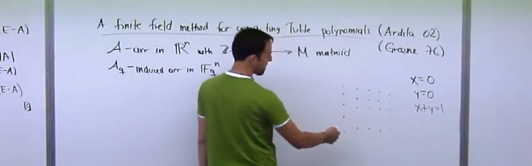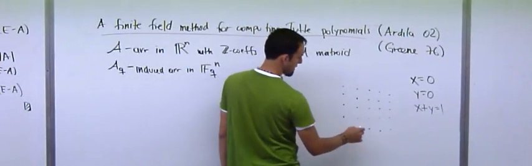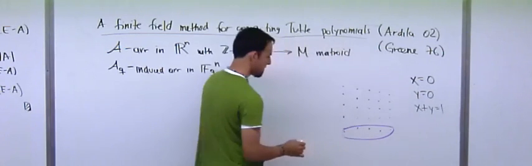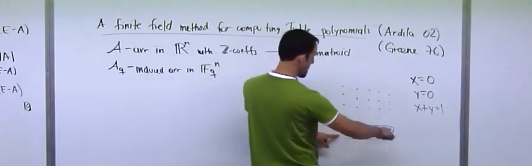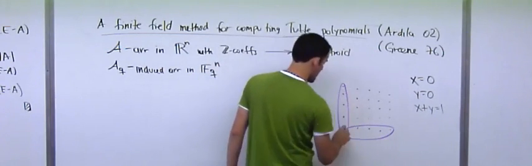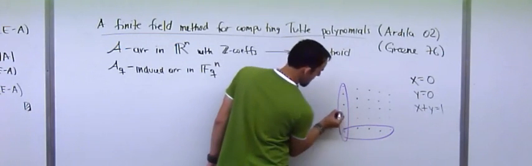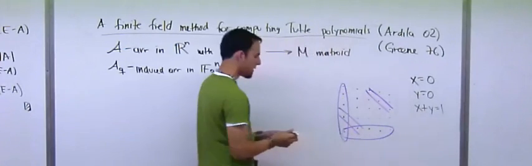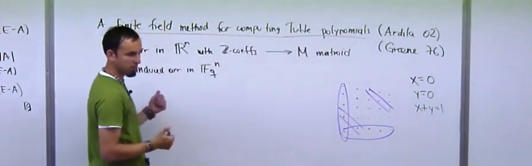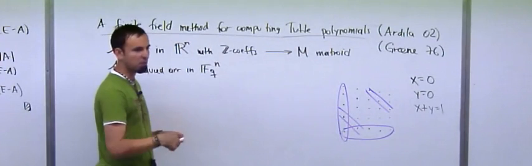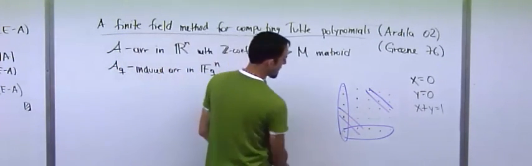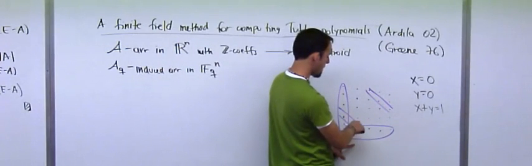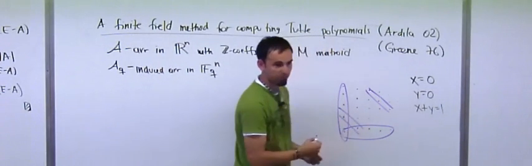If you look at it over a finite field, then each hyperplane becomes one of these things. This is the hyperplane y equals 0. This is the hyperplane x equals 0. And this is the hyperplane x plus y equals 1. And remember what we said a while back is that if you wanted to compute characteristic polynomials, then what you have to do is look at this picture and compute the number of points that appear on no hyperplane. Okay.